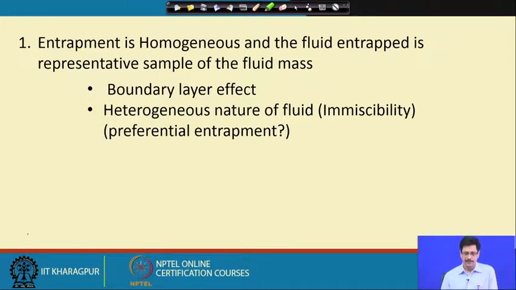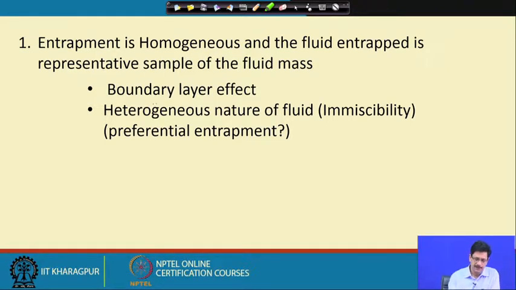Without getting into much of the details at this particular moment, let us try to examine our assumption that this small mass of fluid which is encapsulated in an inclusion cavity is representative of the fluid from which it formed. So, if it is not, what are the possibilities?